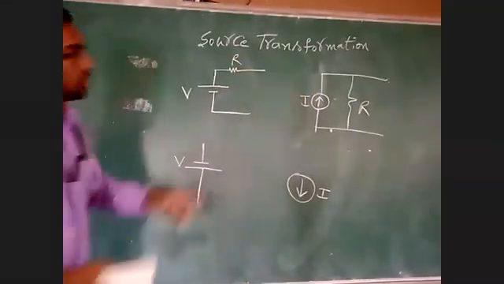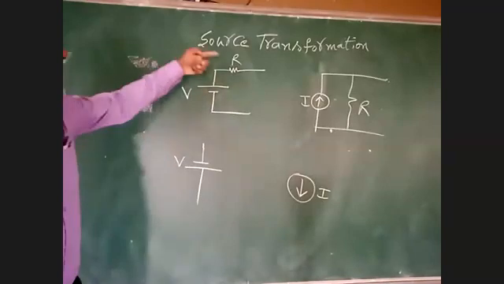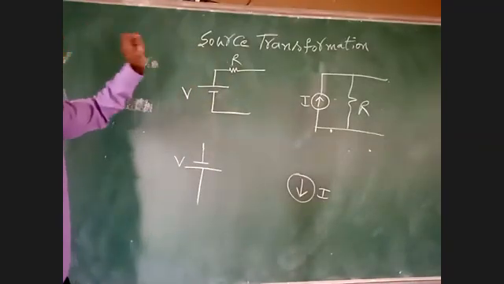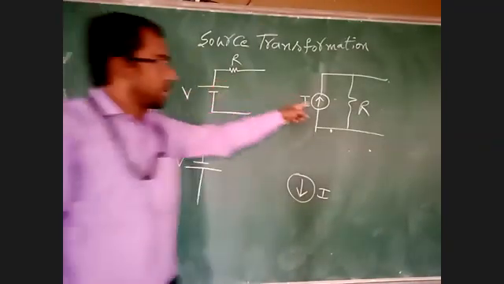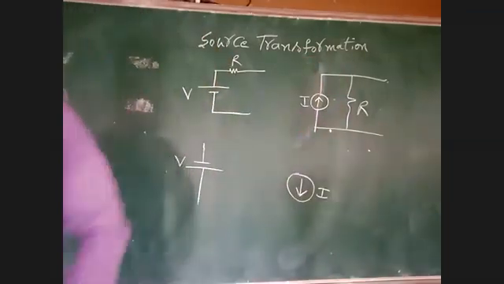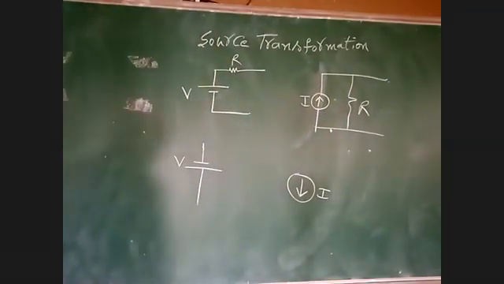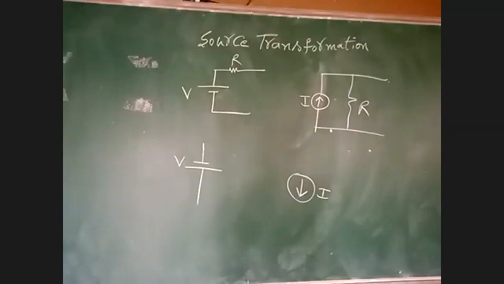Now write down. Next note point. Always resistance will be in series with voltage source and in parallel with the current source. Write down. Always resistance will be in series with the voltage source. Remember this point.